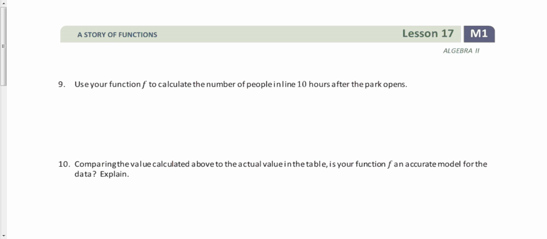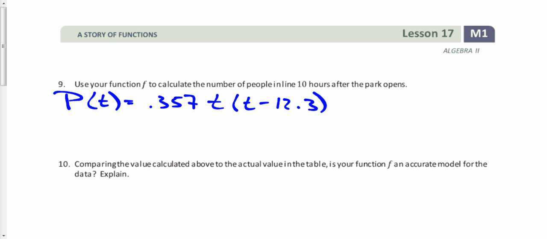Now, use your calculator. Remember, P as a function of t equals 0.357 times t times t minus 12.3 times t minus 33. Now, use your calculator to calculate the number of people in line 10 hours after the park opens.